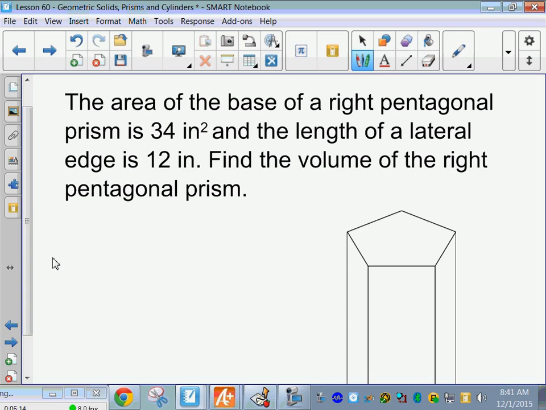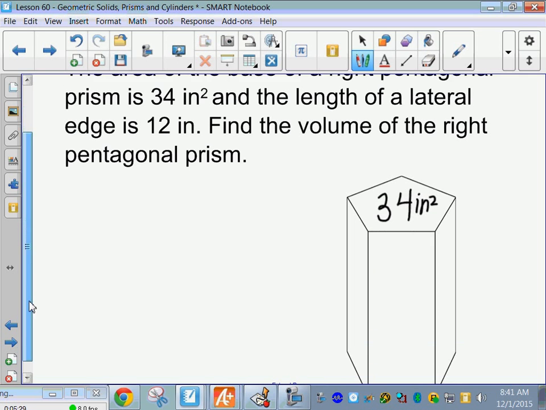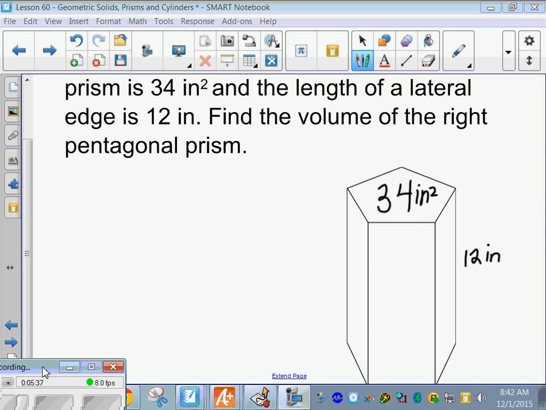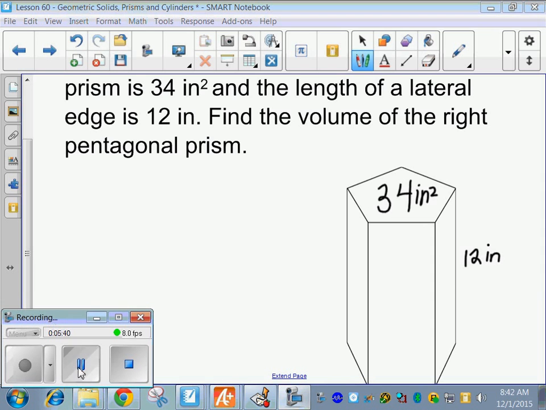They gave us the area of the base, so we don't even have to find it. I do want you to draw that shape.